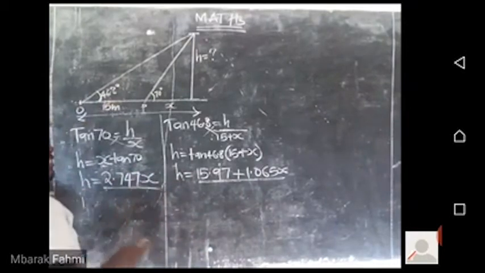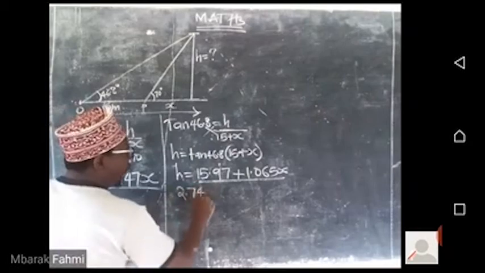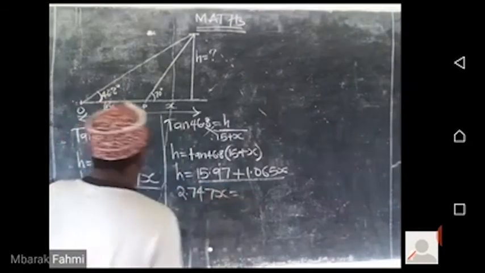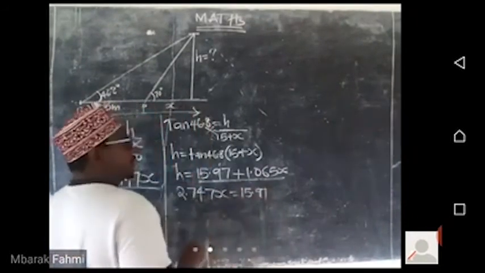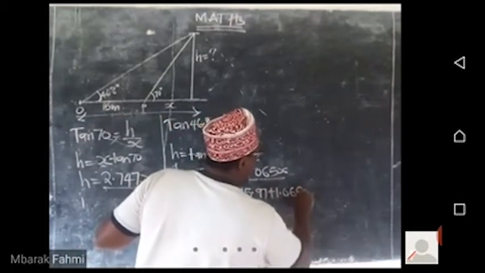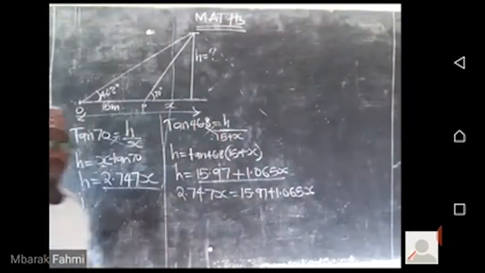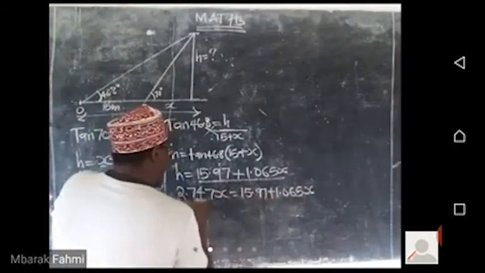We can say 2.747x is equal to 15.97 plus 1.065x.